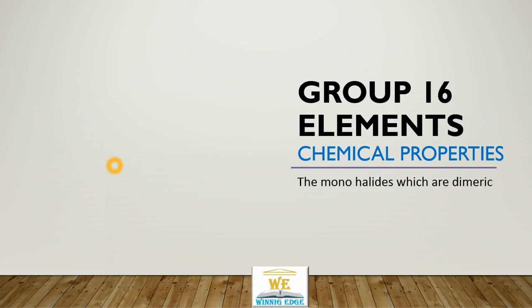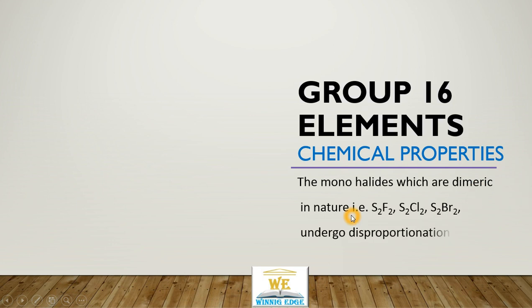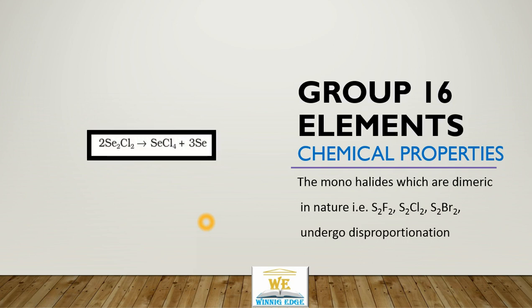The monohalides, which are dimeric in nature, like S2F2, S2Cl2, and S2Br2, are fairly reactive and undergo disproportionation to acquire more stable oxidation states. Like selenium dichloride, it makes selenium element, which is in the zero oxidation state.